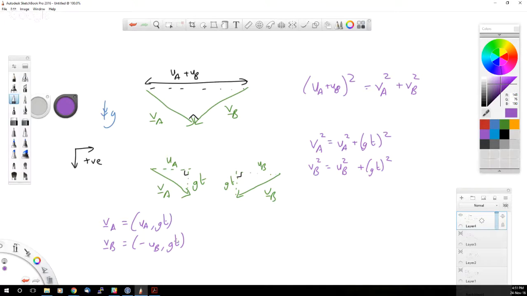And if these two are perpendicular, you get that the dot product must be equal to 0, because A dot B is |A||B| cos beta.